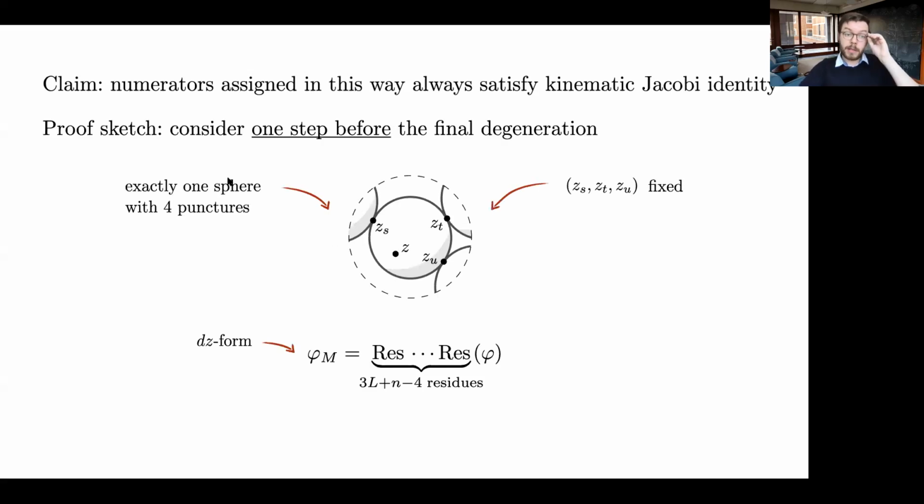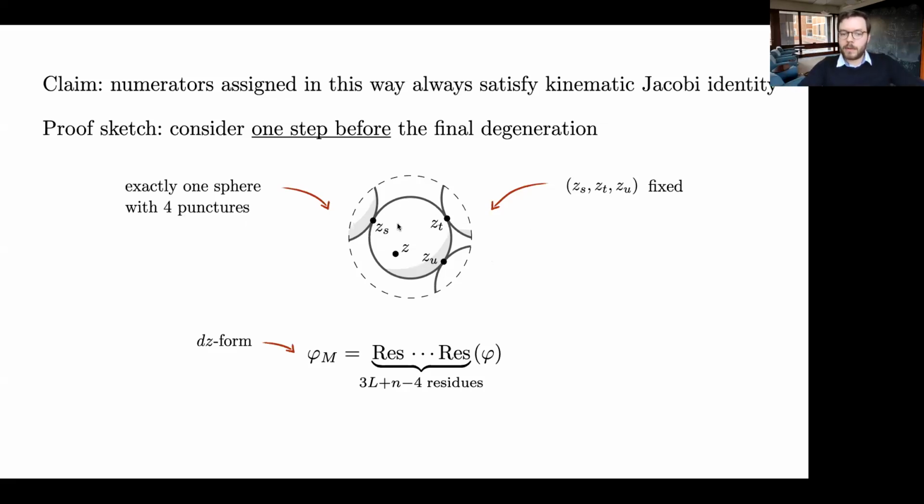So here's a claim. Numerators assigned in the way that I just showed always satisfy kinematic Jacobi identity. And here's a sketch of a proof. Let me consider one step before the final degeneration. What this corresponds to is that there will be exactly one sphere somewhere in the middle with exactly 4 punctures, and everyone else will be fixed.